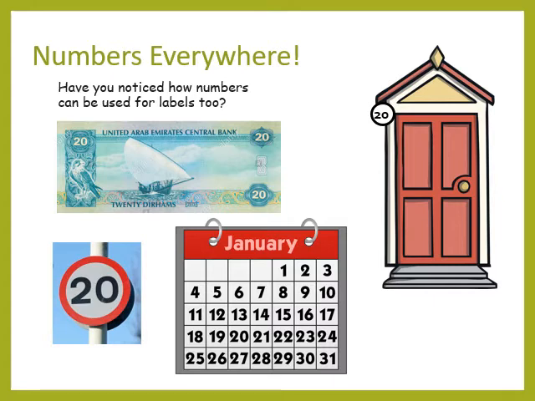And we use numbers to assign the house number. And also on the calendar, when we say today is Thursday, the 20th of March 2020. So number 20 is also on the calendar. So many things we can use numbers for.